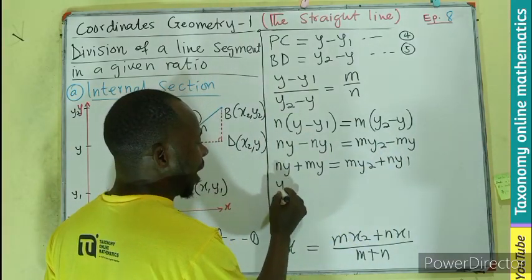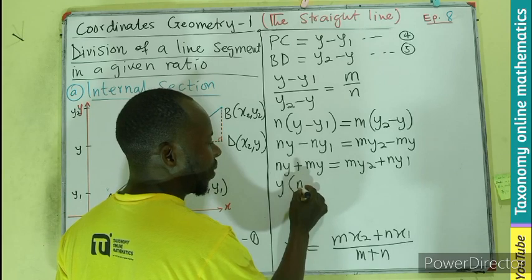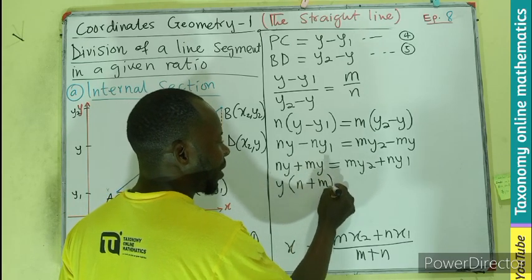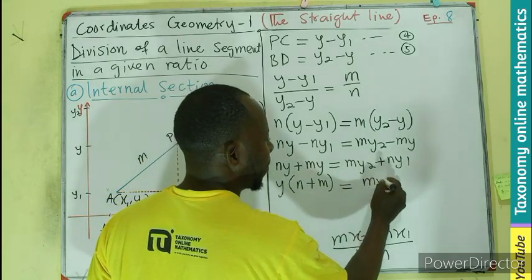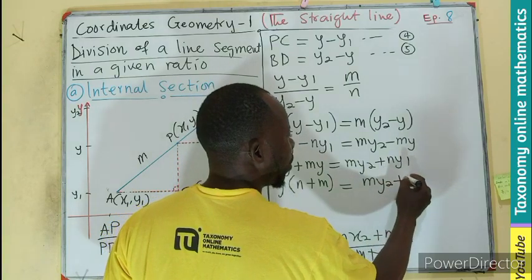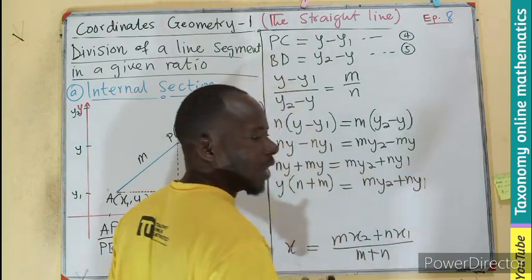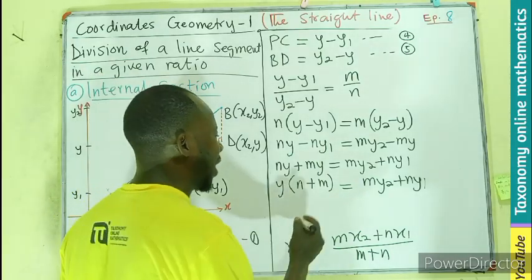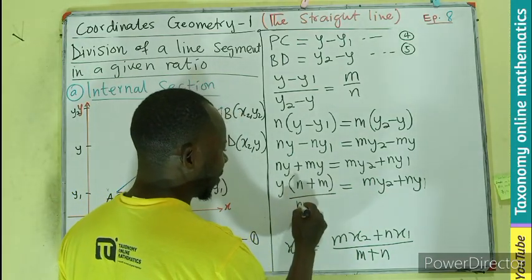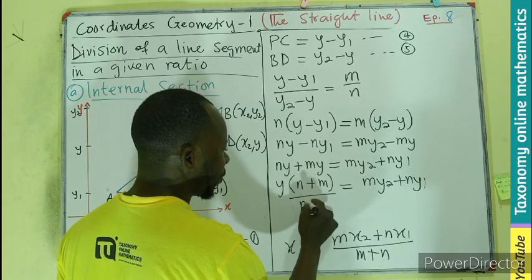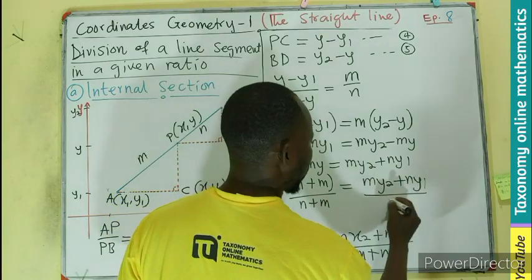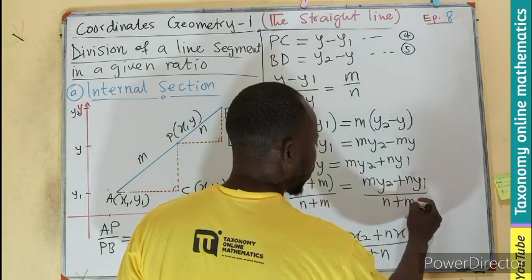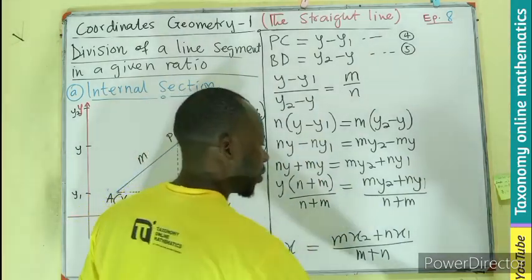Let's factorize the y out. If you divide, you get n, you get m. Then my2 and ny1. What am I looking for? I am looking for y. So I'll divide both sides by n plus m. We can see this will cancel.